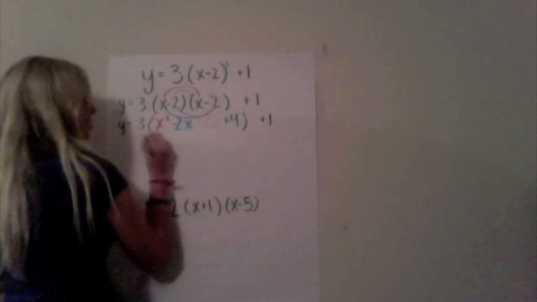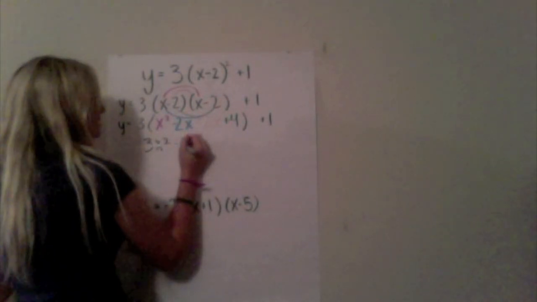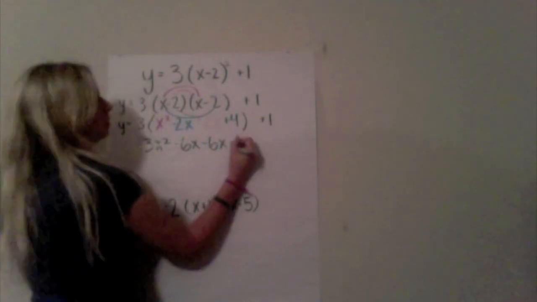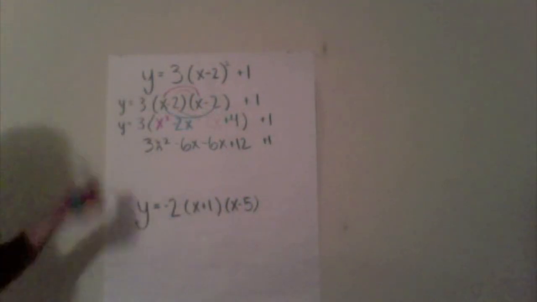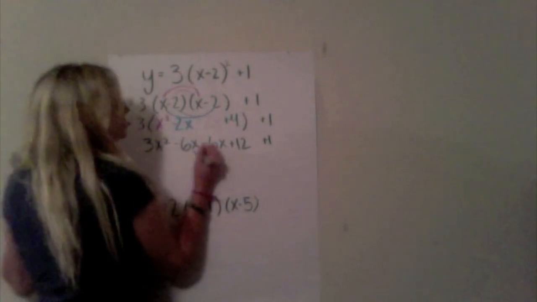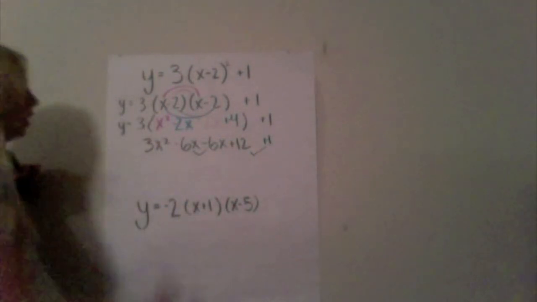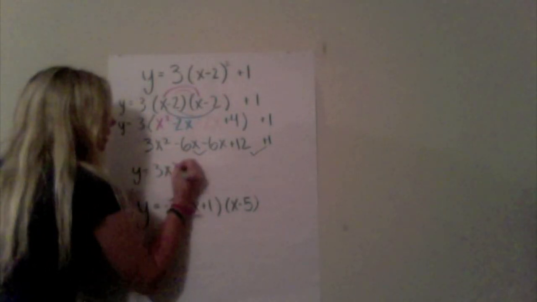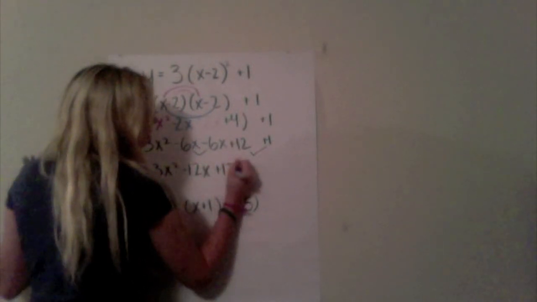So we have 3x squared minus 6x minus 6x plus 12, and then all of that still plus 1. Now we have some terms here that we can combine, so we'll combine these two negative 6x's and we'll combine the 12 and the 1. So our final equation will be 3x squared minus 12x plus 13.